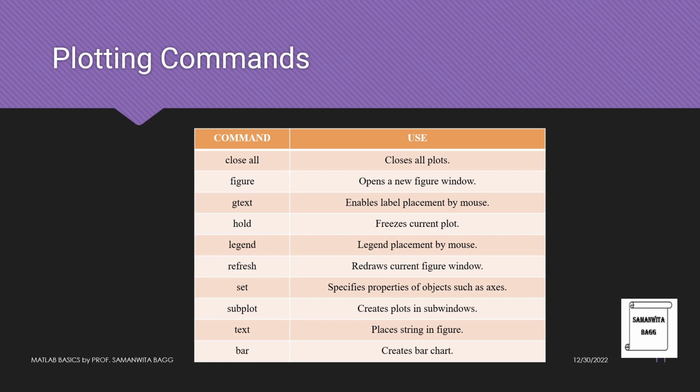Legend is the placement by the mouse of the legend. Refresh redraws the current figure window. Set specifies properties of objects such as axes. Subplot creates plots in subwindows. Text places a string in the figure.